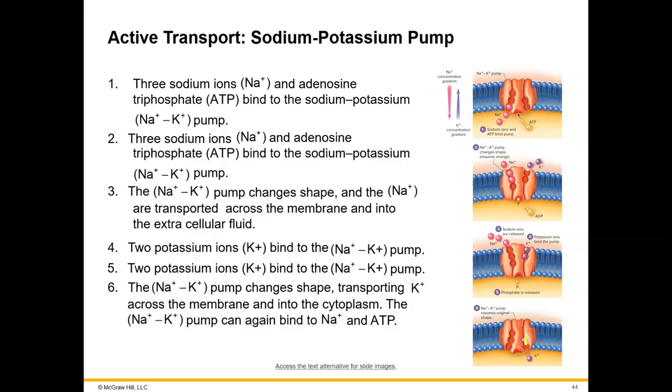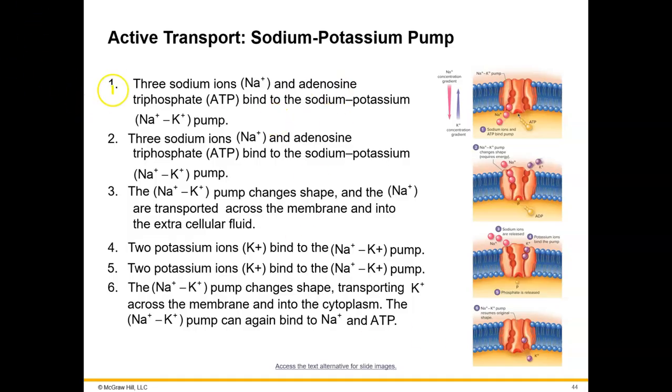And what this does is it concentrates sodium on the outside of the cell and it concentrates potassium on the inside of the cell. And it creates a voltage across the membrane, or we call it a membrane potential. It creates an electrical charge across the plasma membrane. And that is necessary for muscle contractions and nerve impulses.